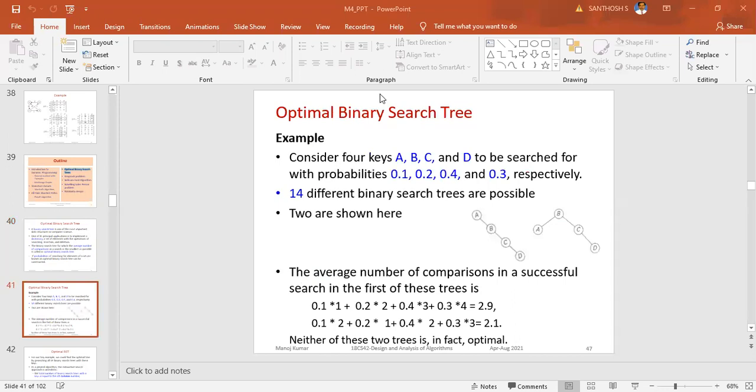Consider 4 keys, A, B, C, D, which are to be searched with the probabilities 0.1, 0.2, 0.3 and 0.4.